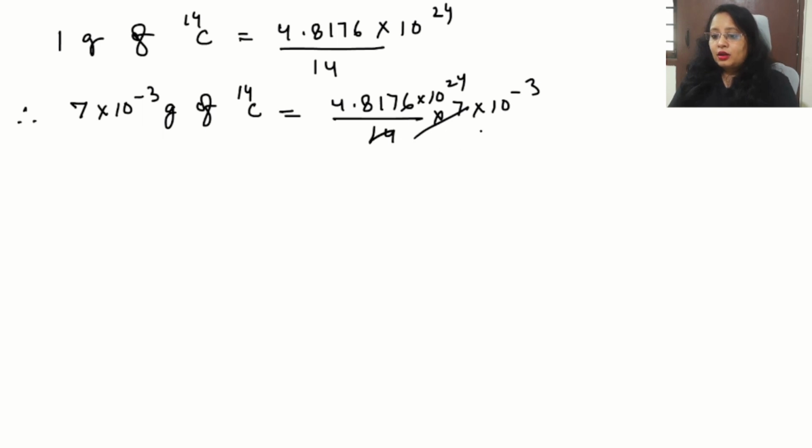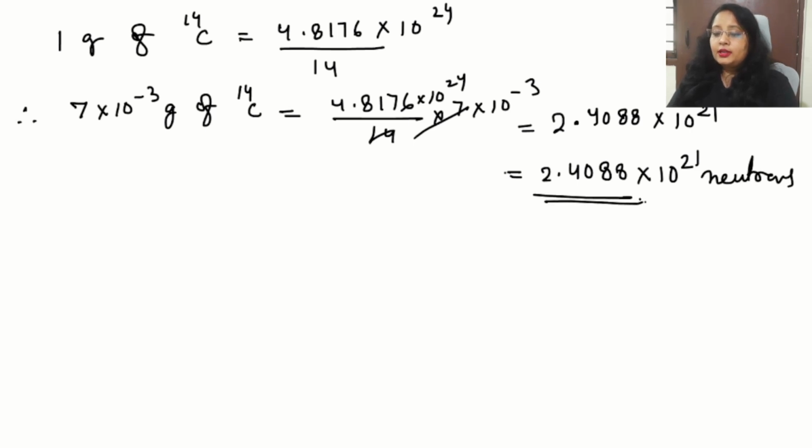So after doing calculations, we will get the answer here, that is 2.4088 into 10 to the power 21, or we can write it like 2.4088 into 10 to the power 21 neutrons.